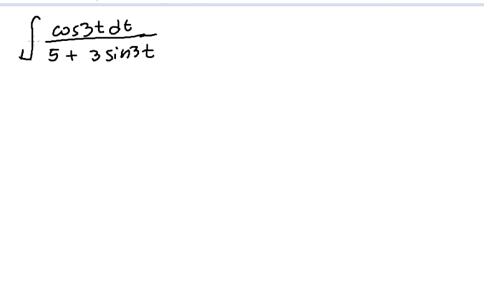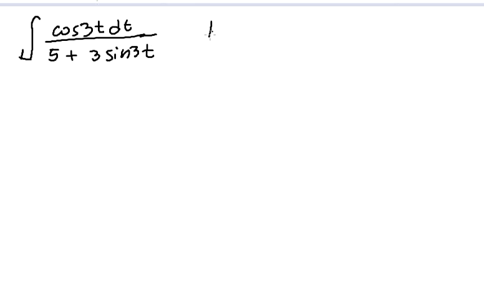Then, from your calculus 1, in your derivative, the derivative of sine is just the cosine, and the derivative of the cosine is just the sine. So to simplify our integrand, let us choose the change of variable.